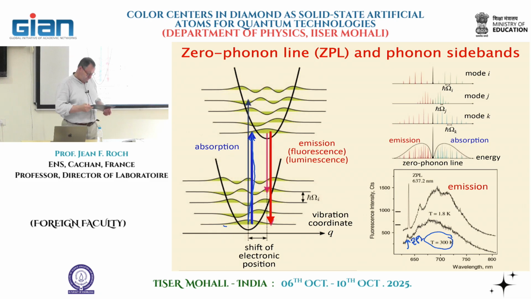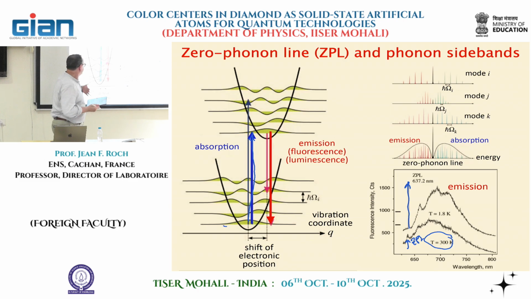Now, of course, I can imagine that if I cool down the system, I will strengthen the zero phonon line, and it's actually what happens. You see that, for instance, if I am at a temperature of about 2 Kelvin, now the emission is much higher in the zero phonon line compared to the one that I can observe at room temperature.